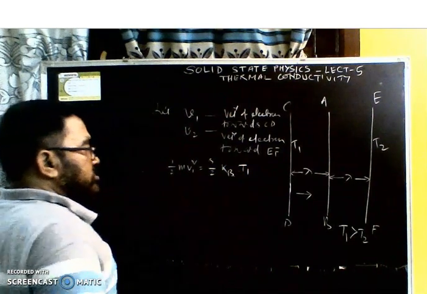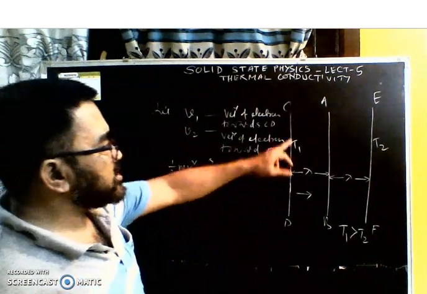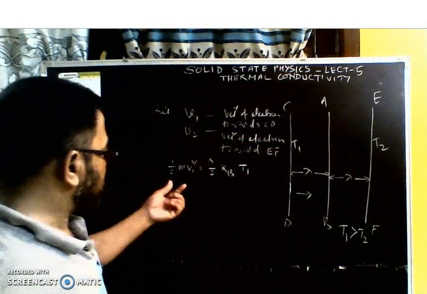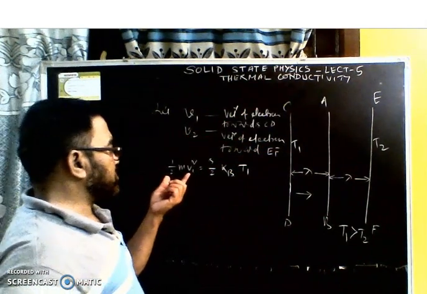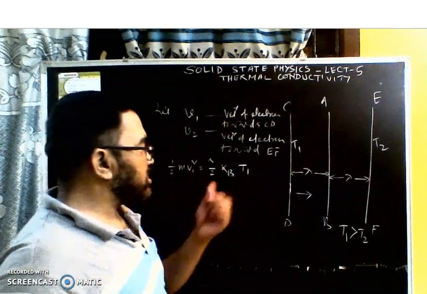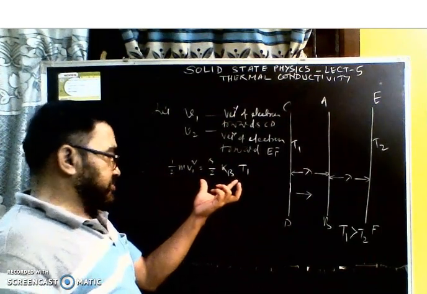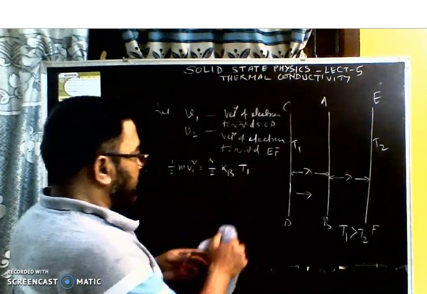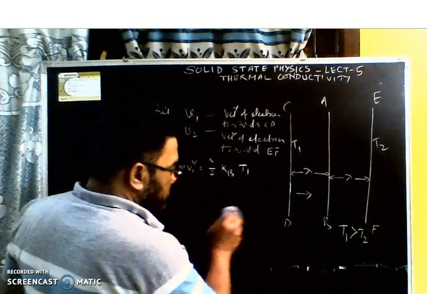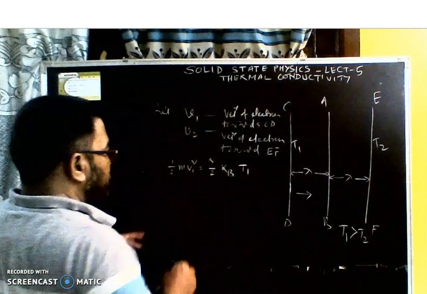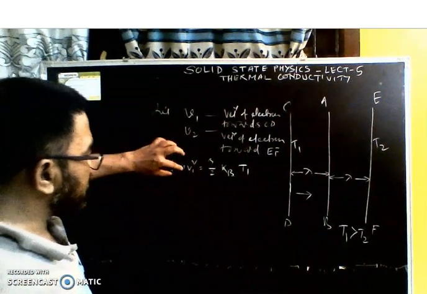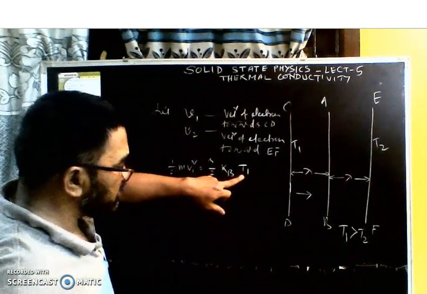T1 is the temperature of this side. So the kinetic energy of the electrons at the hotter end will follow the kinetic theory rules. Then we will get this, because this kinetic energy is directly proportional to T1.